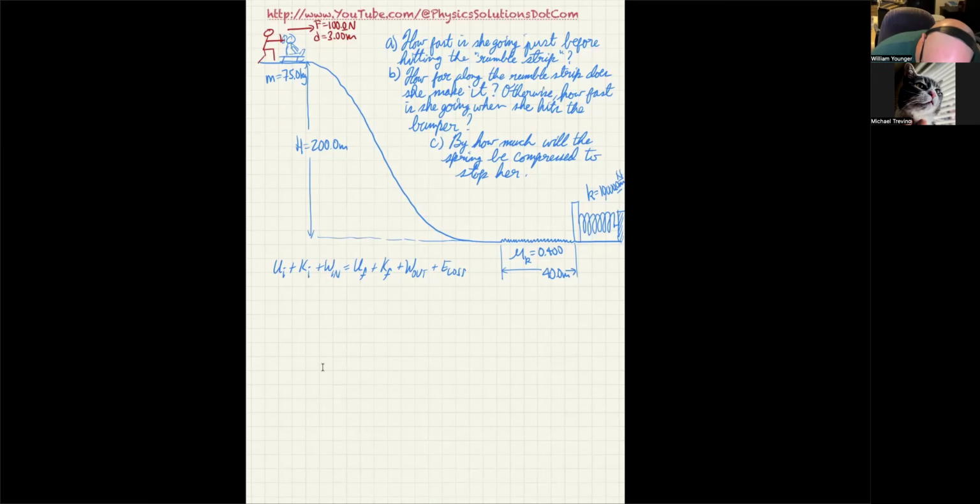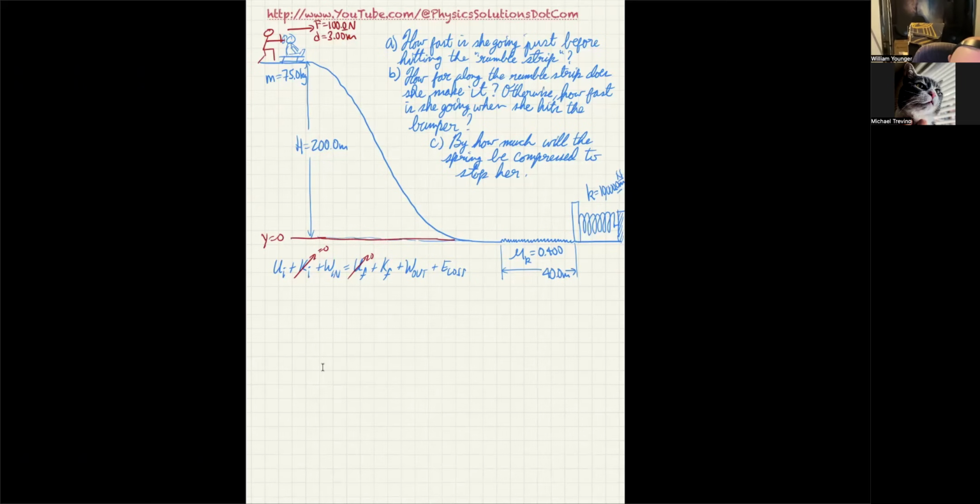So with that in mind, I'm going to say kinetic energy is equal to zero initially. The potential energy, of course, is given by her height up on the mountain. So that's the 200 meters. The work in is what the father does, and the U initial, like I said, is mg times her height h. When we get to the bottom, the height will be zero because I'm going to take this as y equals zero as the height at the bottom of the hill.